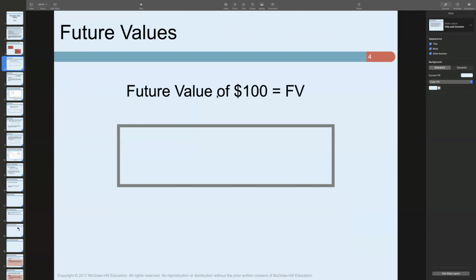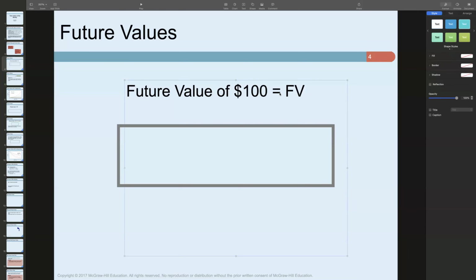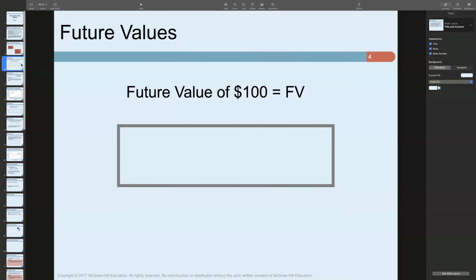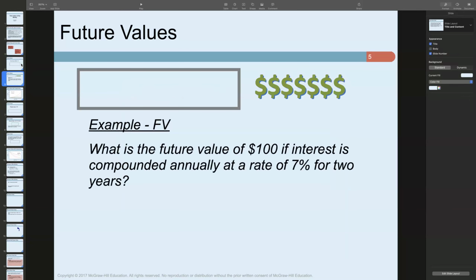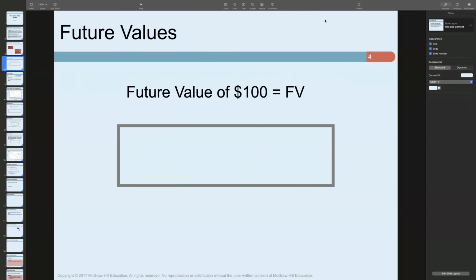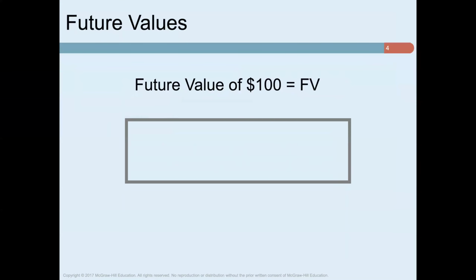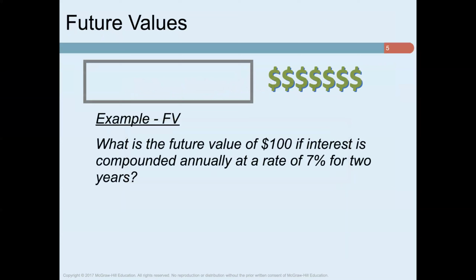So this is the future value of $100, FV. What is the future value of $100? It depends on how you are going to invest, and on what your rate is.